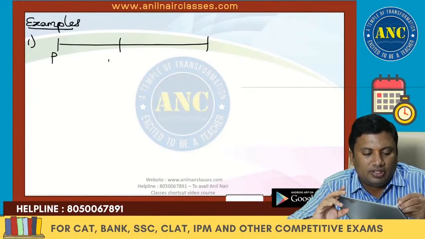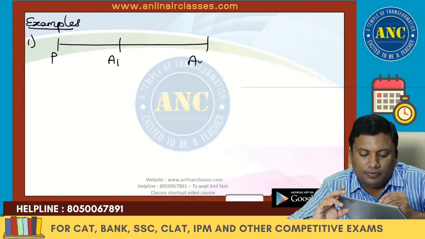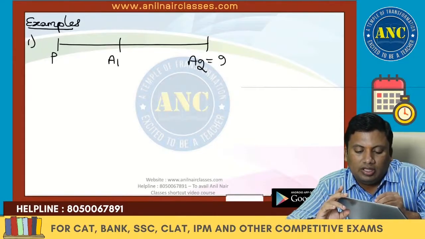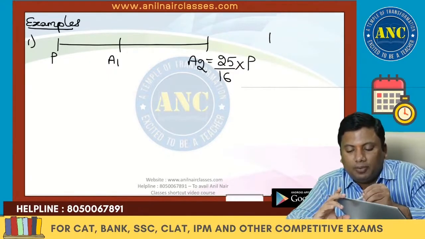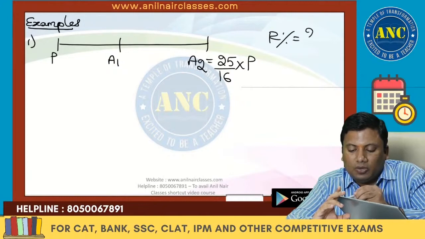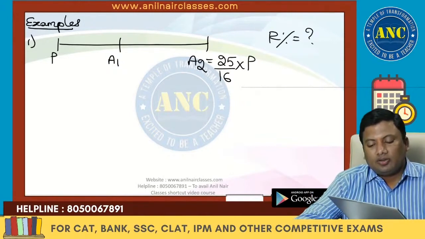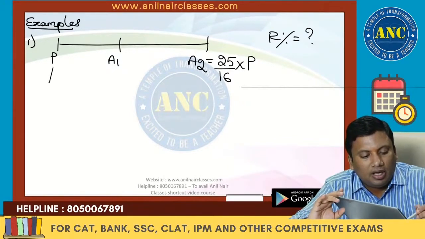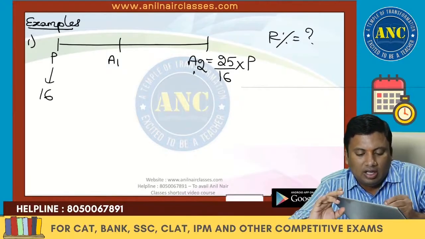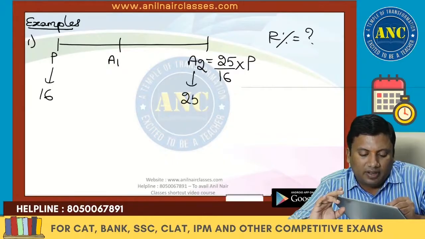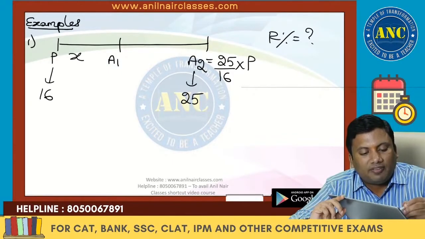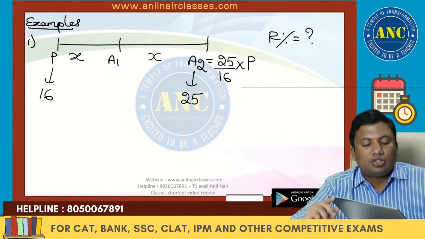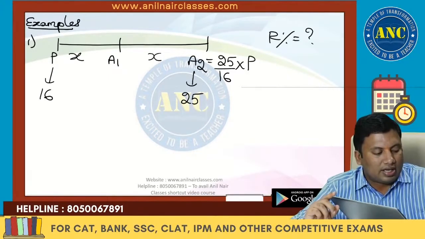There is a principal P, then A1, A2. A2 is nothing but 25 by 16 of P. What is the R percent? A2 is 25 by 16 of P. The multiplication factor is x, and the ratio remains the same, so it is also x.